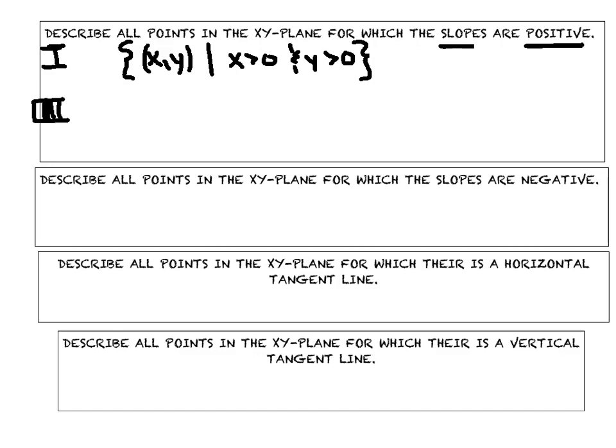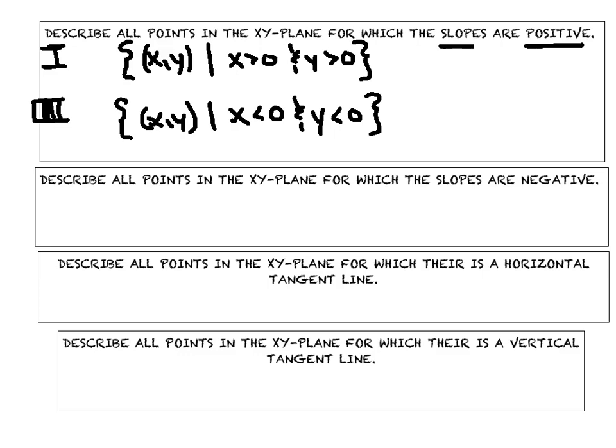And then how do we describe the third quadrant? It's the set of all ordered pairs such that the x-coordinate is negative and the y-coordinate is simultaneously negative. Every ordered pair that falls within those 2 sets describes all the positive slopes.